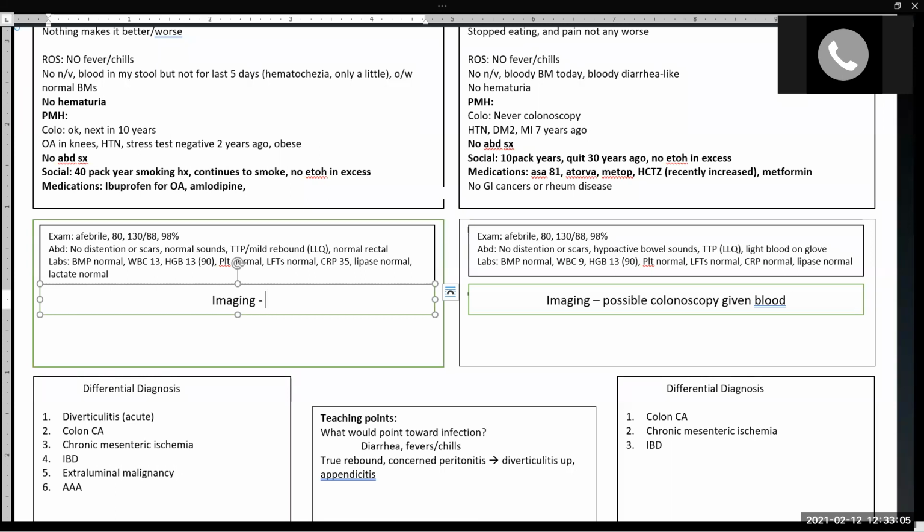Even with all the questions we've asked, all the labs and exams that we've done, we still have a few things sort of equally likely on our differentials. There are subtle hints to why something might be more or less likely in these patients, and we'll talk about that, but that's what we want for both. Okay.